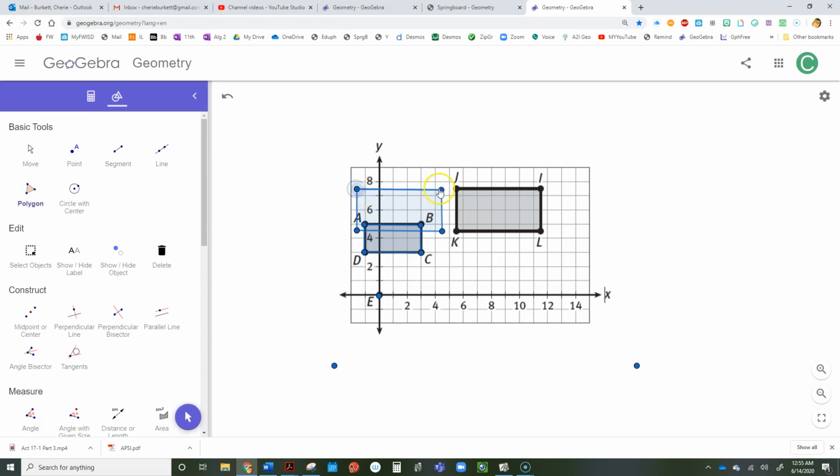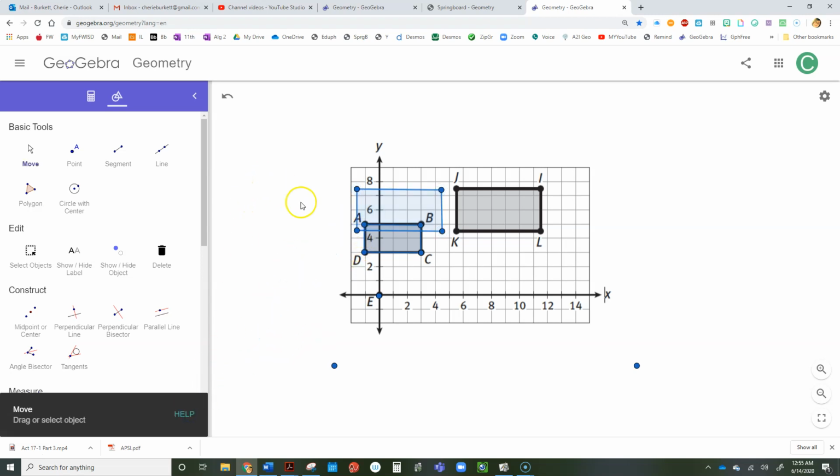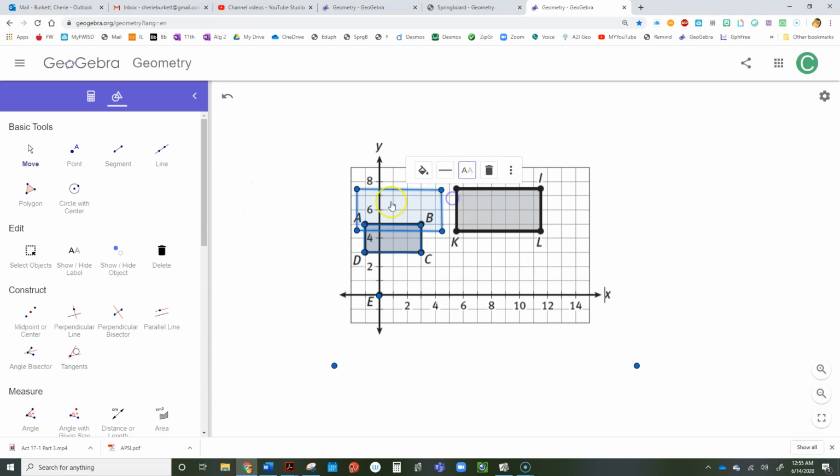Let's see. I don't know why that's not letting me drag it.